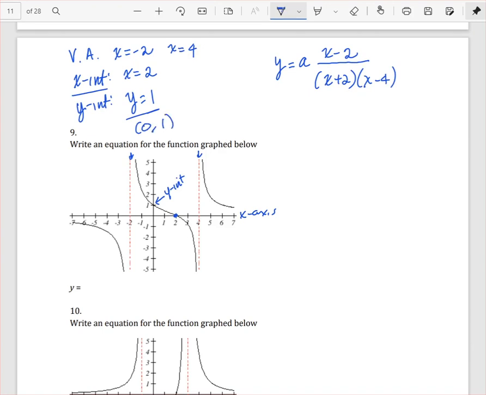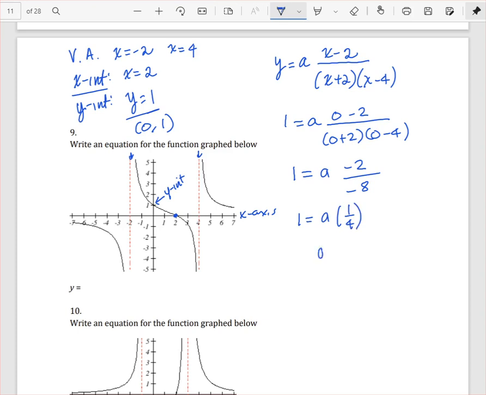The x is 0 and the y is 1. So I'm plugging it in. a is going to equal 4. So my answer will be 4 times x minus 2 over the bottom.